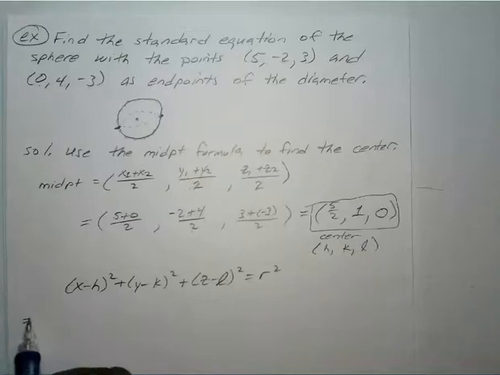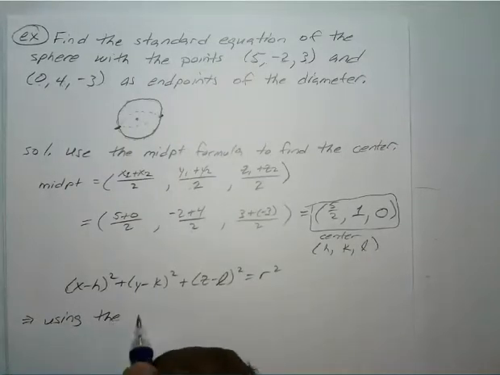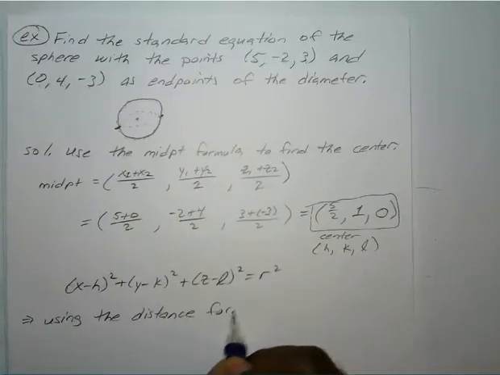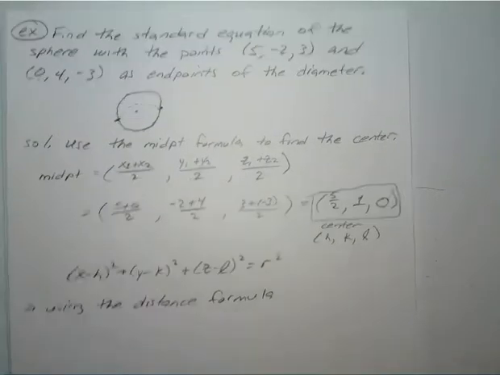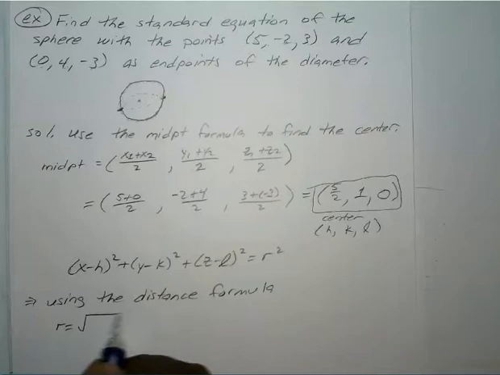So using the distance formula, instead of d, we'll just use r. R equals the square root.